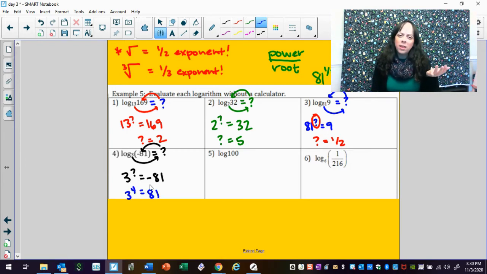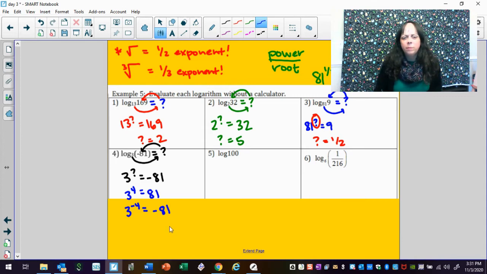Is there a way to make that negative 81? If I made it a negative power, would that make it negative 81? Nope. A negative exponent, remember, is going to flip it. Would make it 1 over 81, not negative 81.